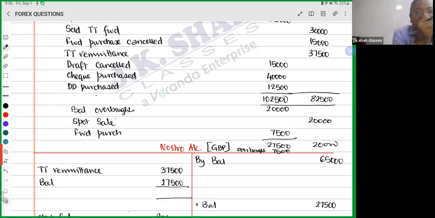Now you might be wondering what this DD purchased is. See, DD is again a negotiable instrument, right? Just like a check. Someone made a payment there, and in return got a DD, right? And he will come to the bank and say, this DD is payable after 3 months, purchase it now and give me some money, no? So it is as good as a bill purchase, check purchase, DD purchased.